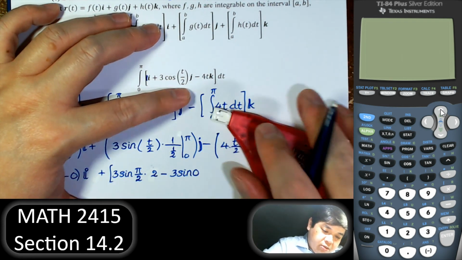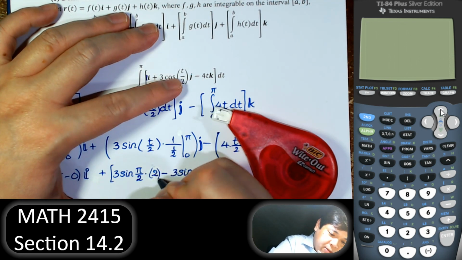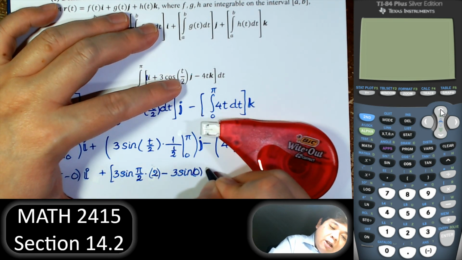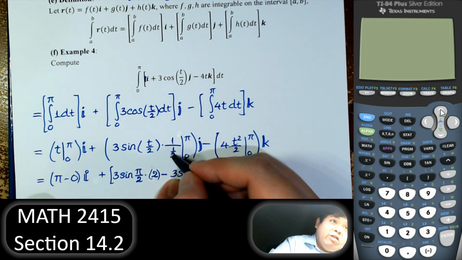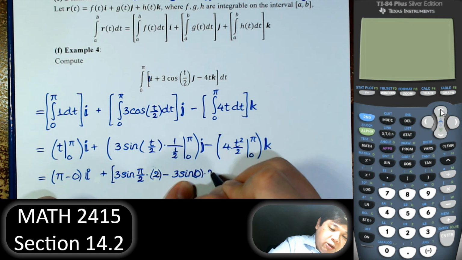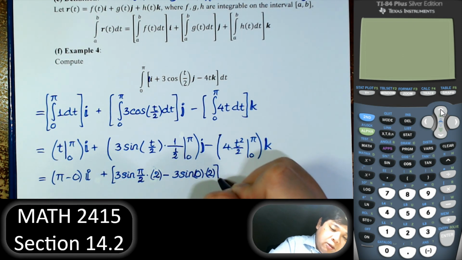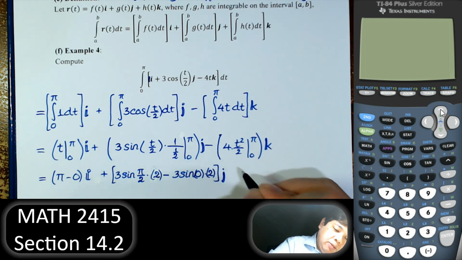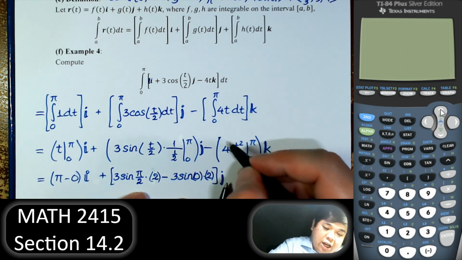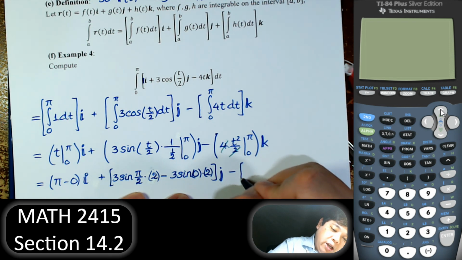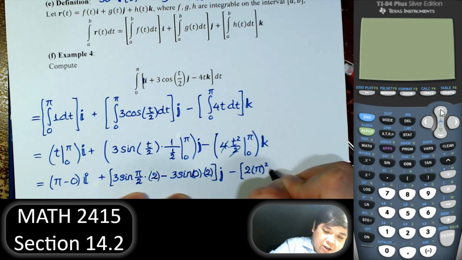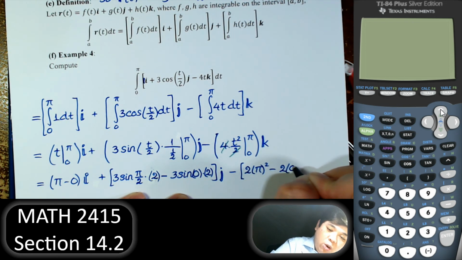0 over 2 is still 0. And then multiply by 1, divide by 1/2, or multiply by 2 in the j component. 4 and 2 cancel out, so that's 2t squared. 2t squared, first t is equal to pi, and then t squared where t equals 0.